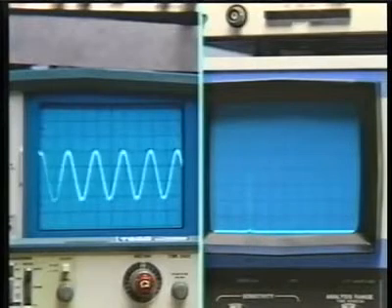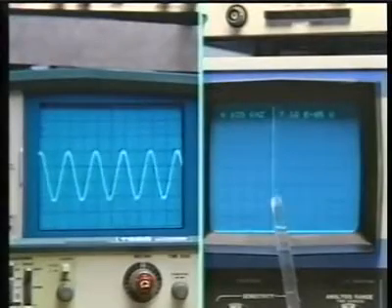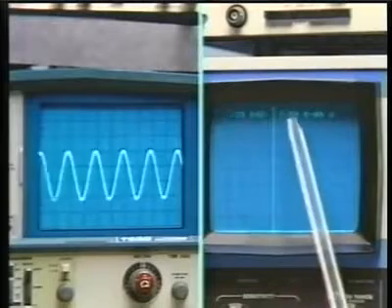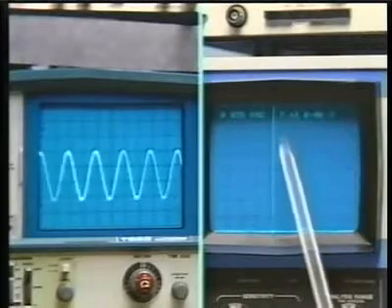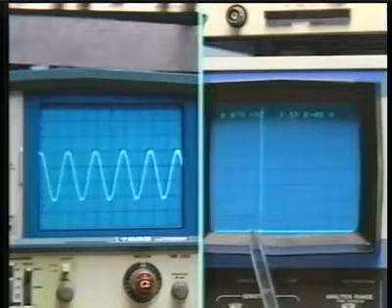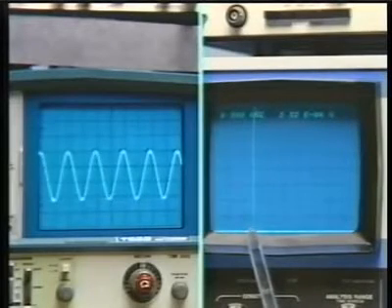Now, in fact, we can measure that frequency because the spectrum analyzer has a cursor associated with it, which I've just enabled. And this line is the cursor line. There is a readout for the frequency and a readout for the amplitude. And let's position the cursor on the frequency of the sine wave.